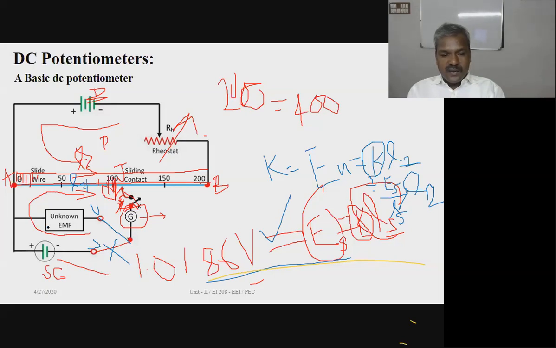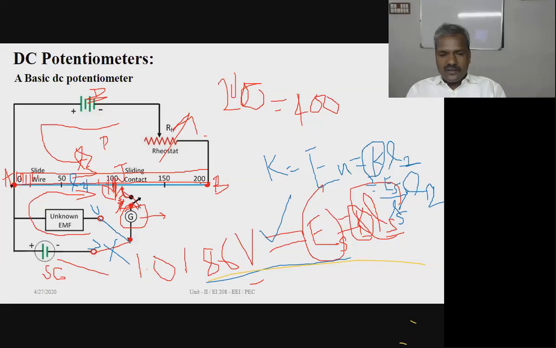Similarly, we can measure any value of unknown EMF from this. One more important piece of information: the standard cell EMF is 1.0186. Using the standard cell, we can measure a maximum of 2 or 3 volt across this bridge.